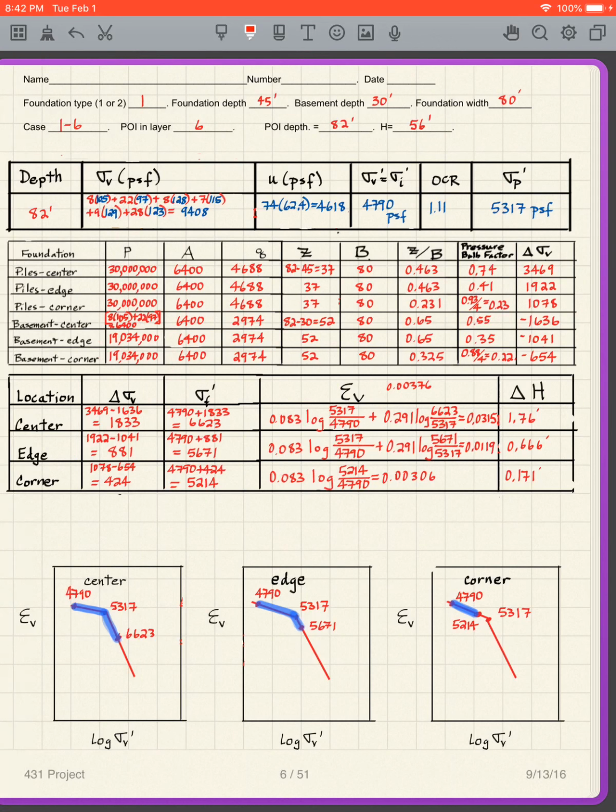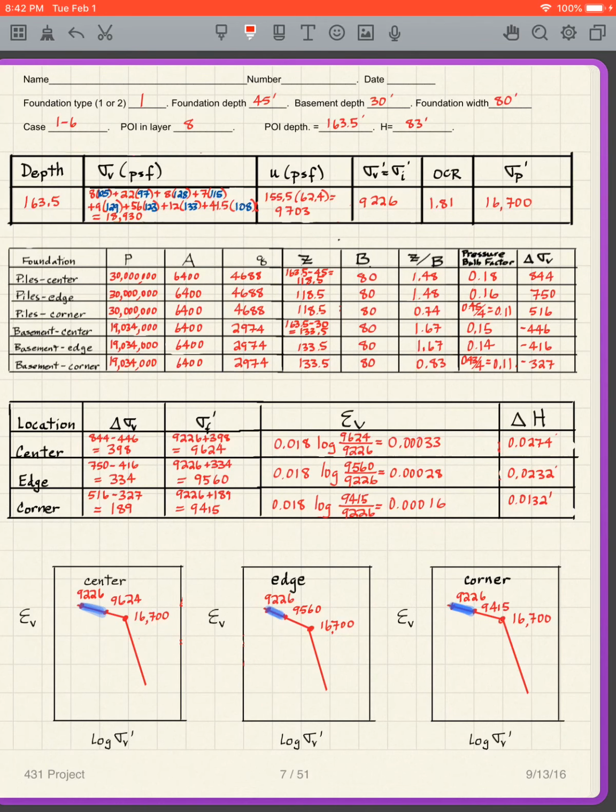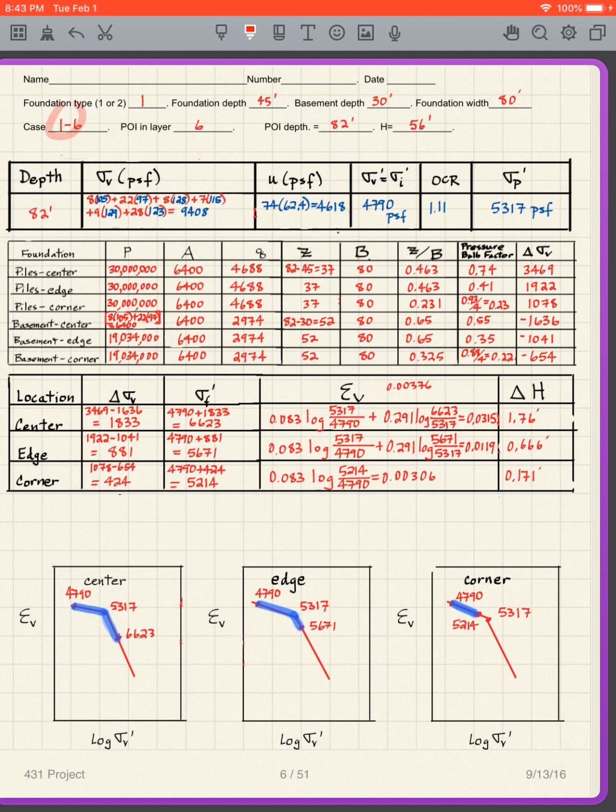Here's an example. So I'm going to do case 1-6 for you. And so you have to fill out 2 pages. So this is 1-6, but this is layer 8. Okay. So this is case 1-6, but for layer 6.